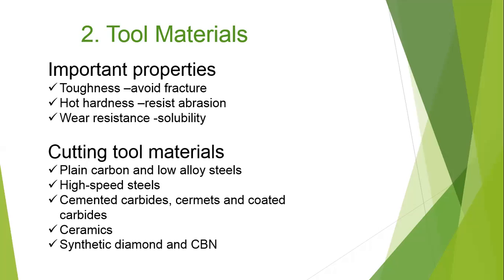Then high speed steel, cemented carbides, cermets and coated carbides, ceramics, synthetic diamond, and cubic boron nitride came into use. Of these types, high speed steel, cemented carbide, and diamonds are 90% used in tooling operations in different factories.